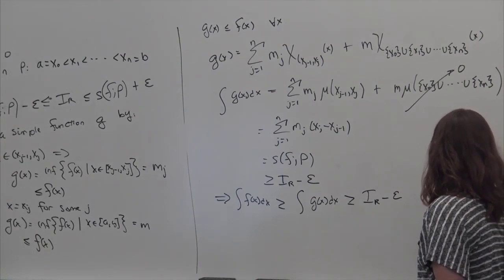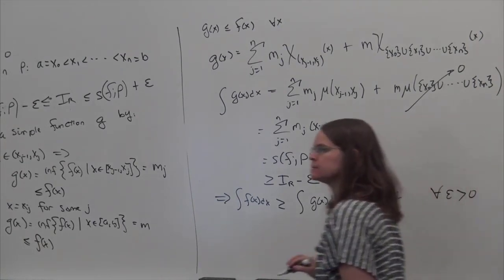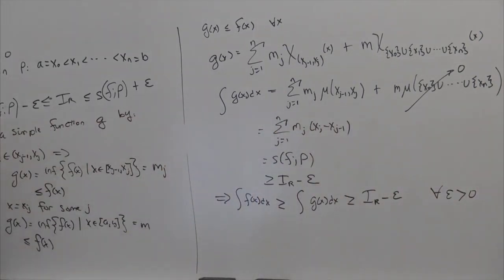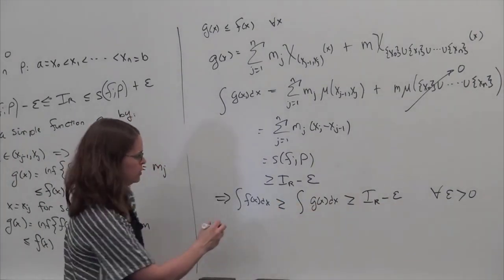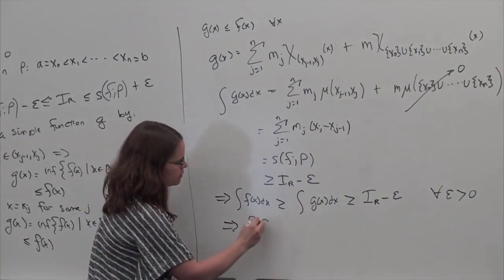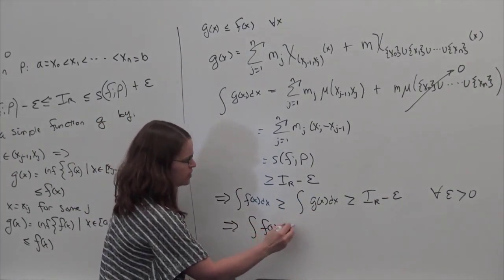And this is certainly true for all epsilon. Since it's true for all epsilon, as we let epsilon go to 0, we get a nice lower bound on the value of our Lebesgue integral.